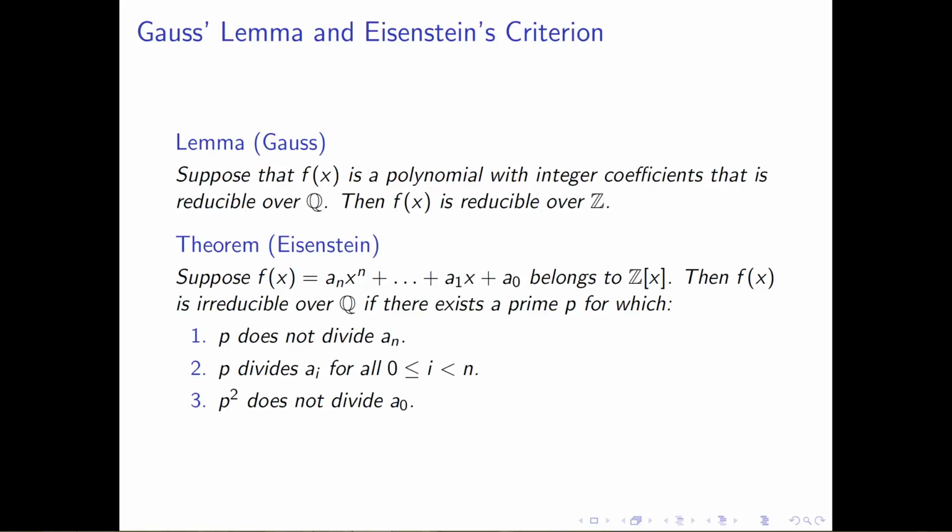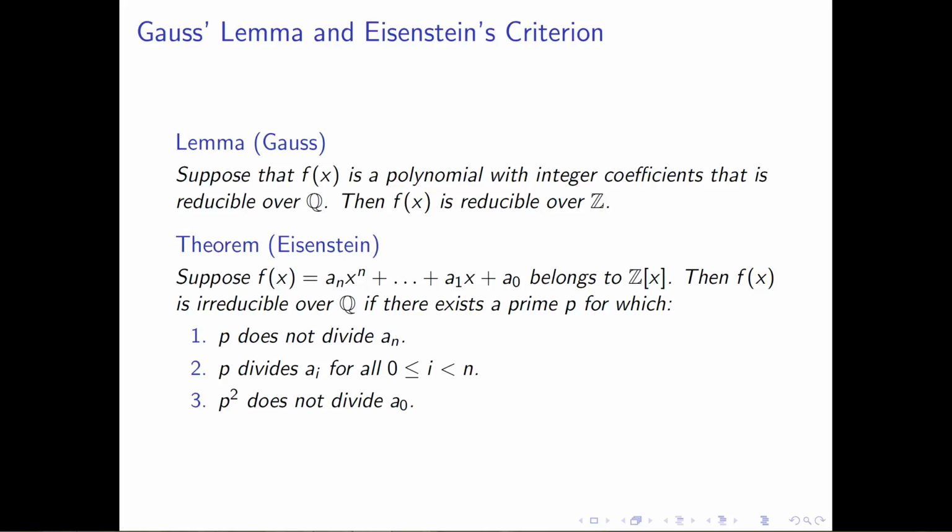We will be able to use Eisenstein's criterion to show that this polynomial is irreducible, again over the rationals, if we can find a prime number p with the following properties. The prime number does not divide the leading coefficient, but it divides all of the other coefficients. It divides a sub i for all 0 less than or equal to i strictly less than n.